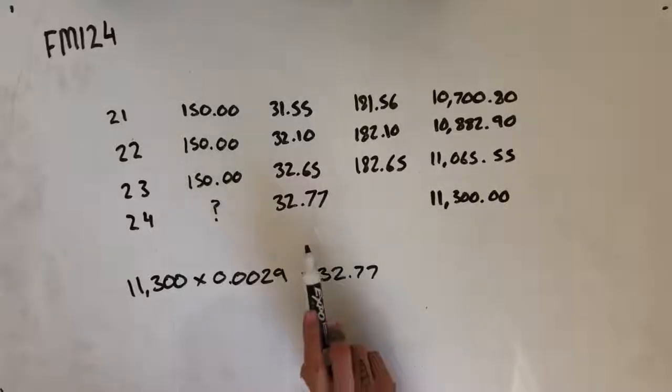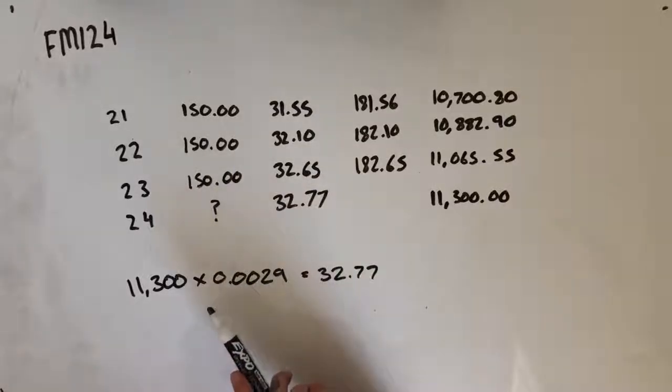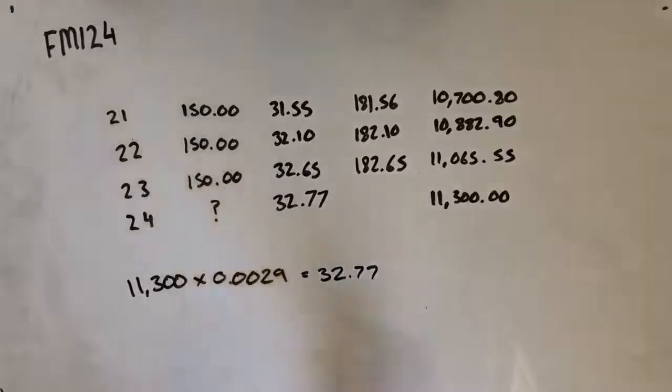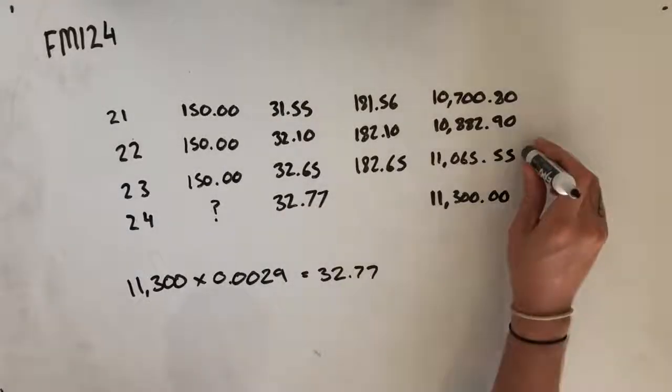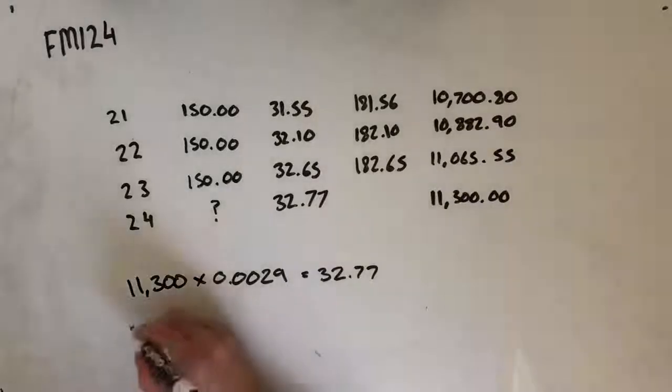So what we need to figure out is what this total amount is going to be. Now, we know that the amount being added to get from 11,065.55 to 11,300, well, we can calculate that.